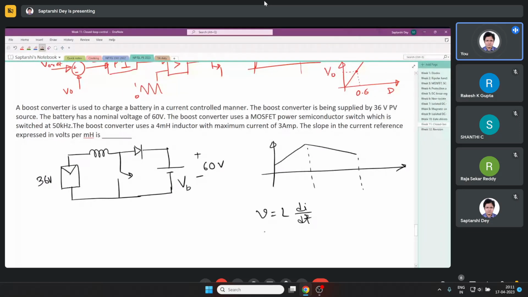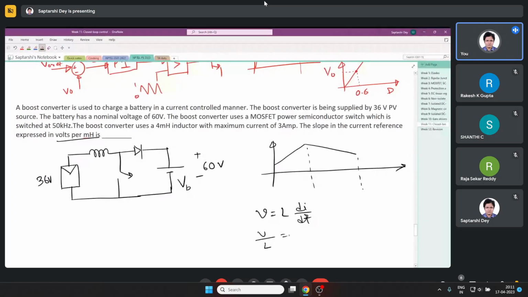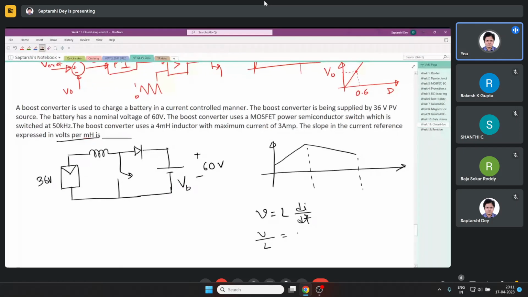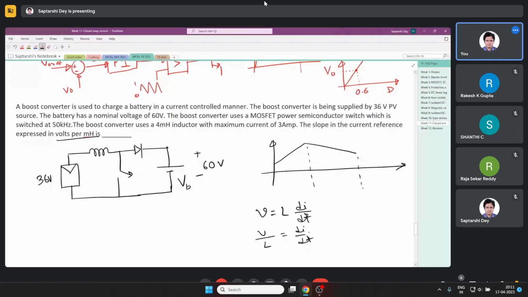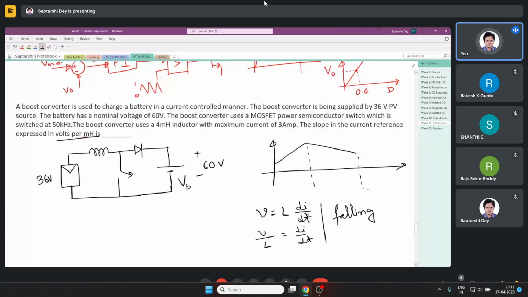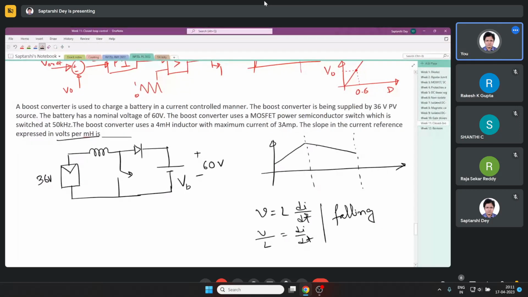They have asked volts per millihenry, so V by L is di by dt. That is during the falling. So whatever the slope of the inductor current during the falling current zone, that is the slope of the current reference. The current reference looks like this.